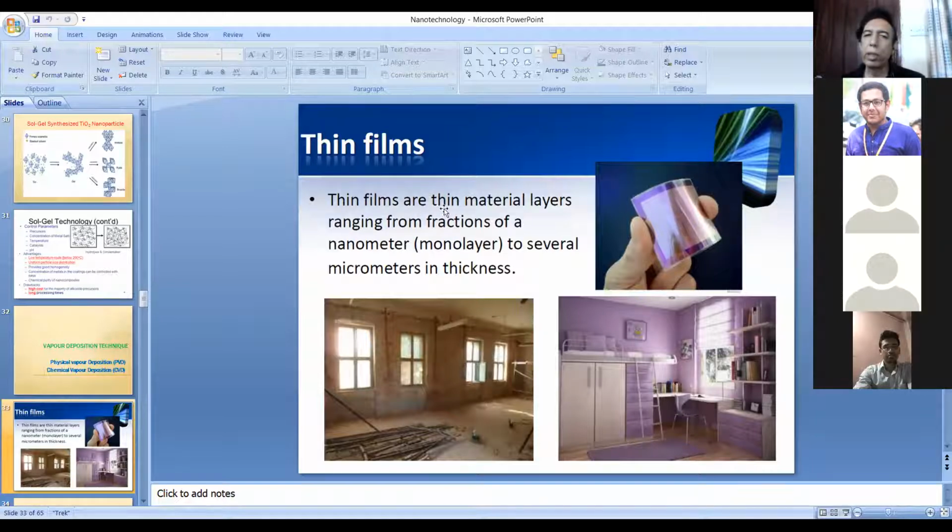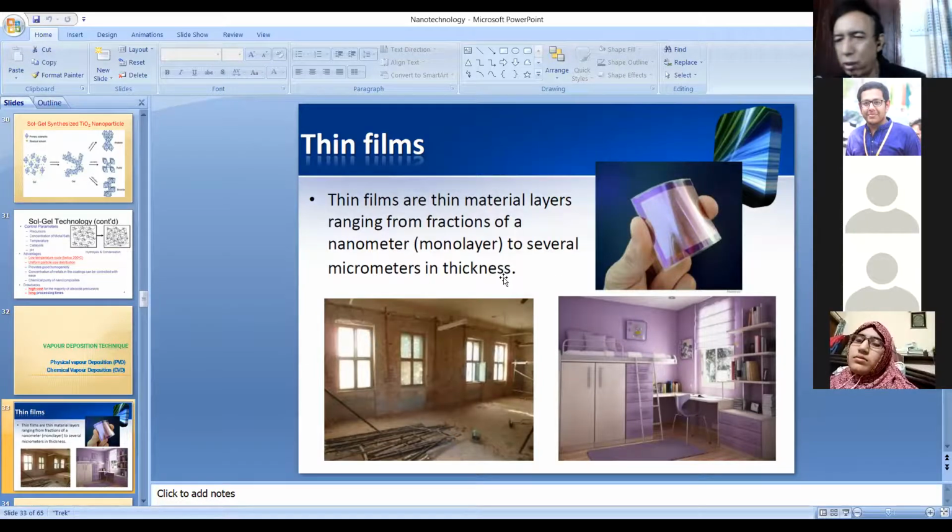Thin films are thin material layers ranging from a fraction of a nanometer to several micrometers in thickness. The thickness of this film is from the nanometer to several micrometers.